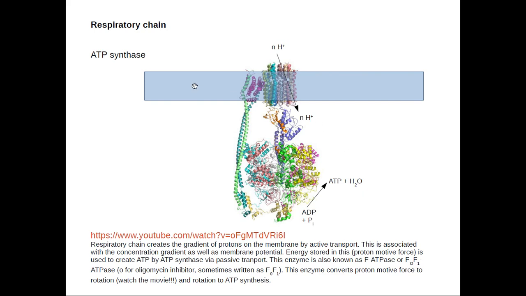This so-called proton motive force has 2 different components. First, there is a concentration gradient. So there is a higher concentration of protons here than here.